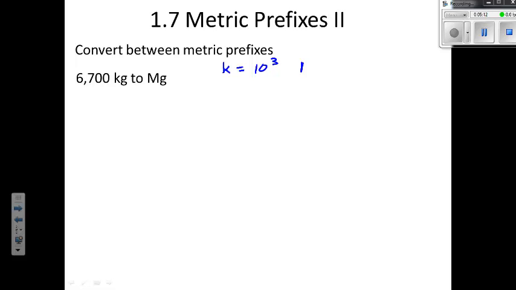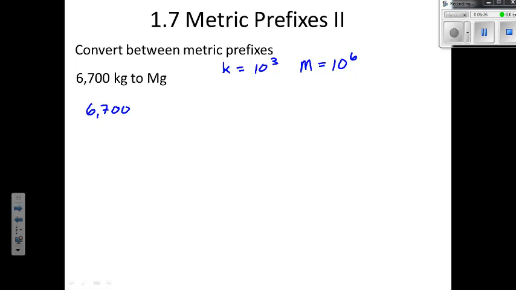Capital M, mega, is 10 to the sixth. This stuff is from the table, kilo and mega. So we can do it this standard notation way.